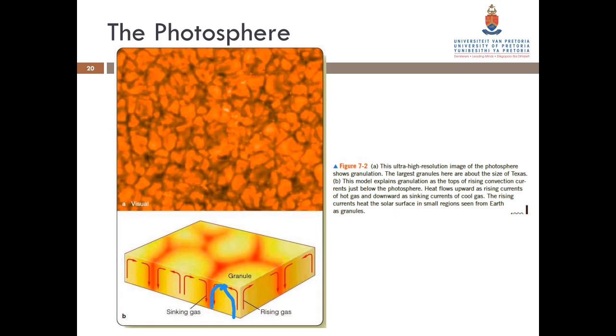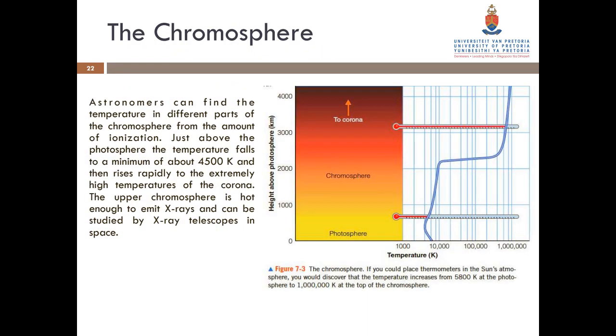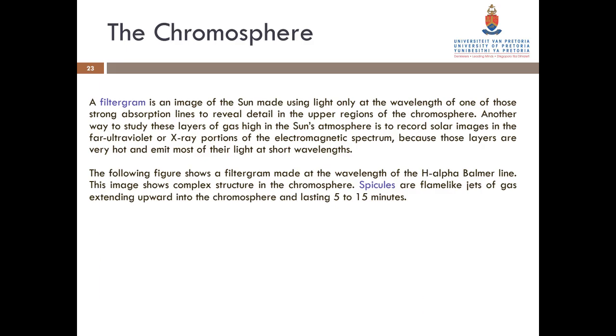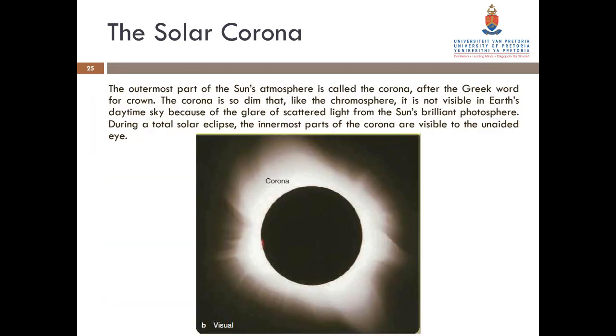So here it rises up, gets to the surface, cools down, sinks down again. So that is just the pattern that convection makes. Does that answer your question? Yeah, so I assume so.